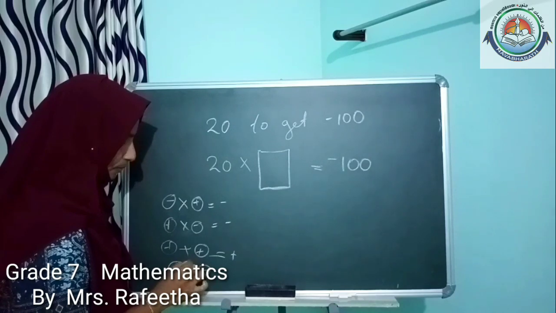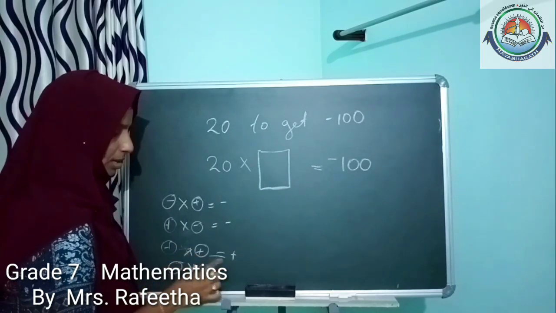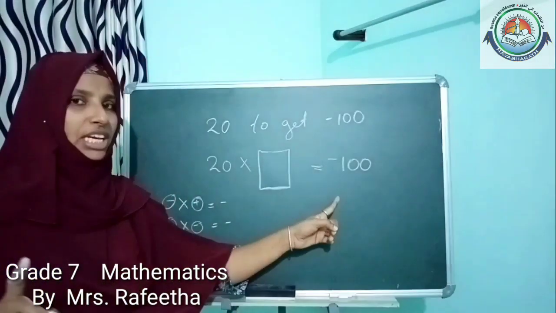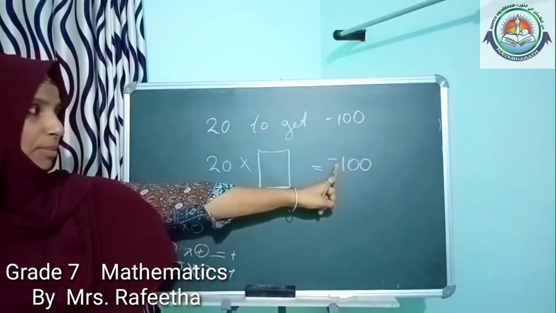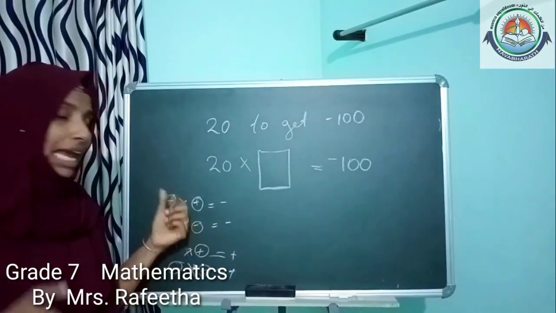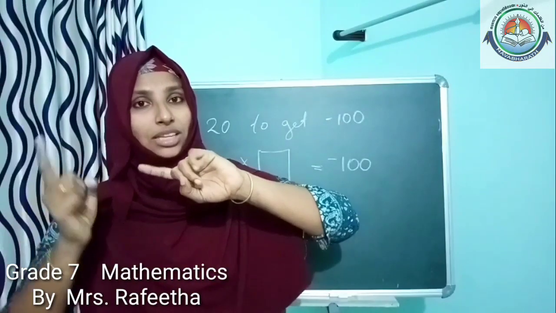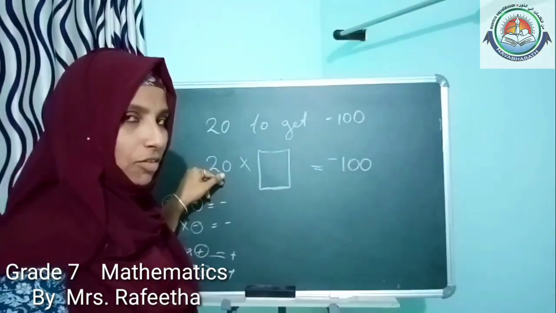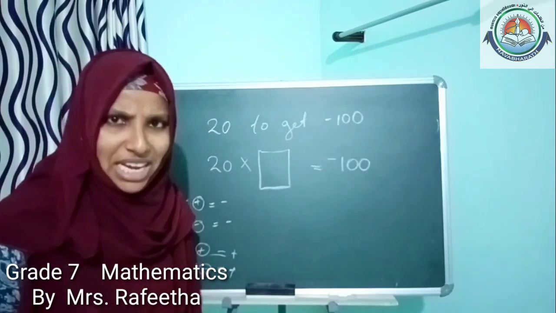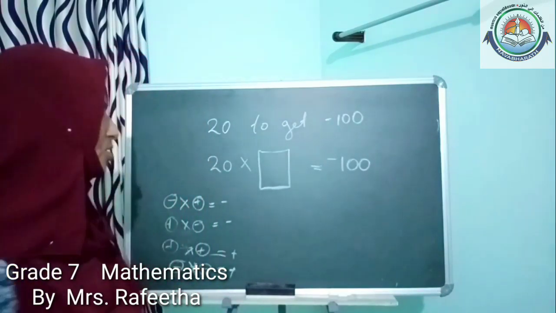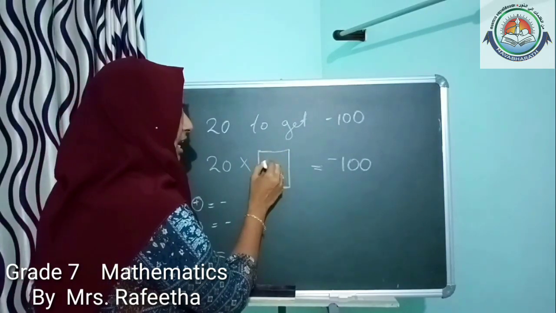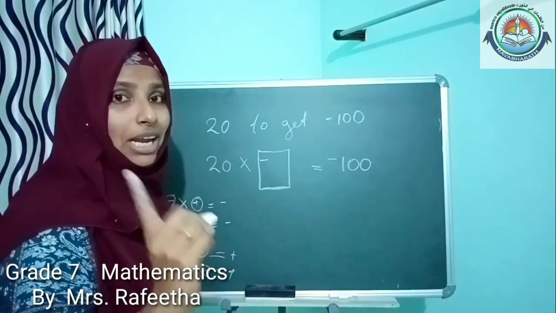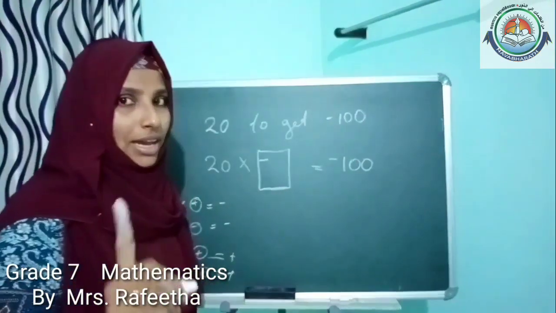Minus into minus also plus. So the condition for getting a negative number is only if you are multiplying a positive number with a negative number. Here, is 20 a positive or negative number? 20 is a positive number. So here the number must be negative. Then only we will get 100 as minus.